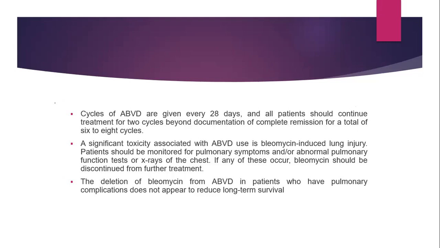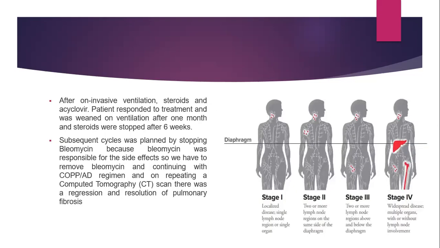We know that bleomycin induces lung injury, and the patient should be monitored for pulmonary symptoms, abnormal pulmonary function tests, or chest X-ray changes. If this occurs, bleomycin should be discontinued from further treatment.